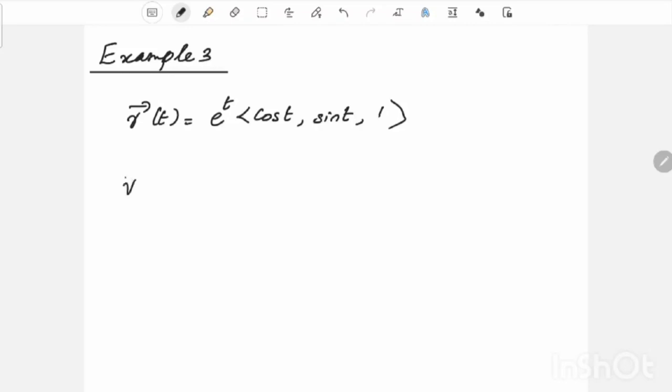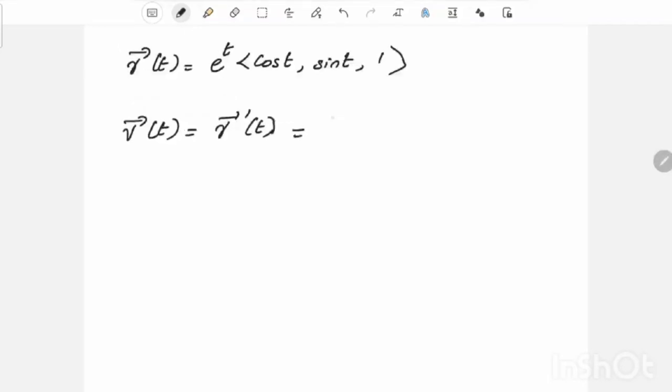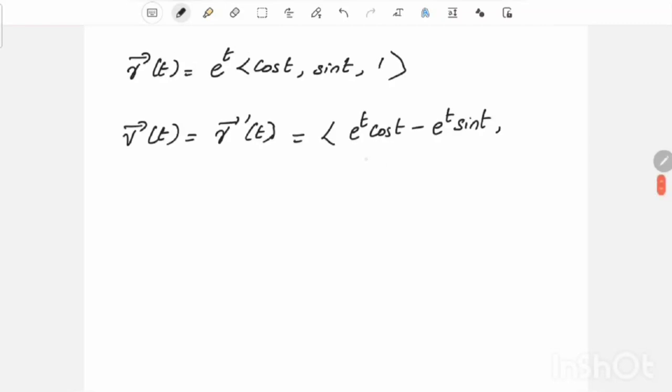So here velocity v of t is equal to vector r dash of t, which is ⟨e^t cos t − e^t sin t, e^t sin t + e^t cos t, e^t⟩, where again the derivative of e^t is e^t.